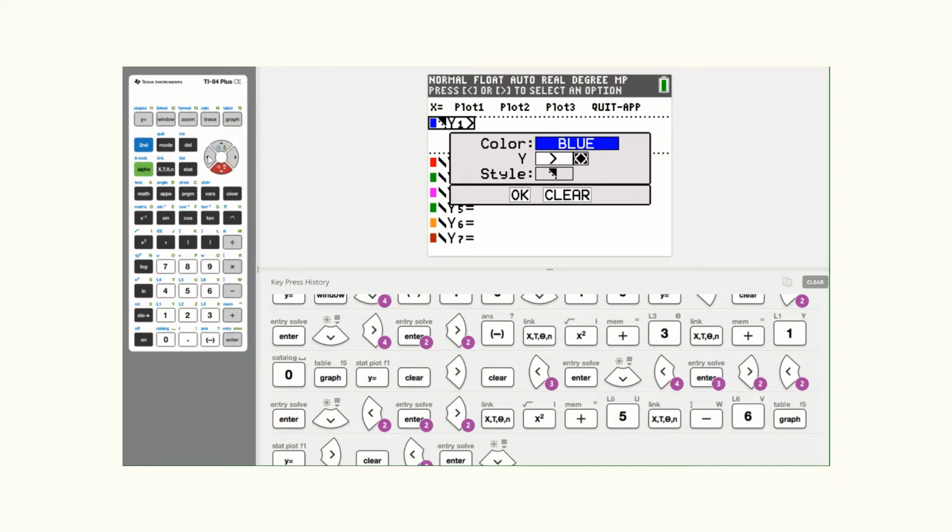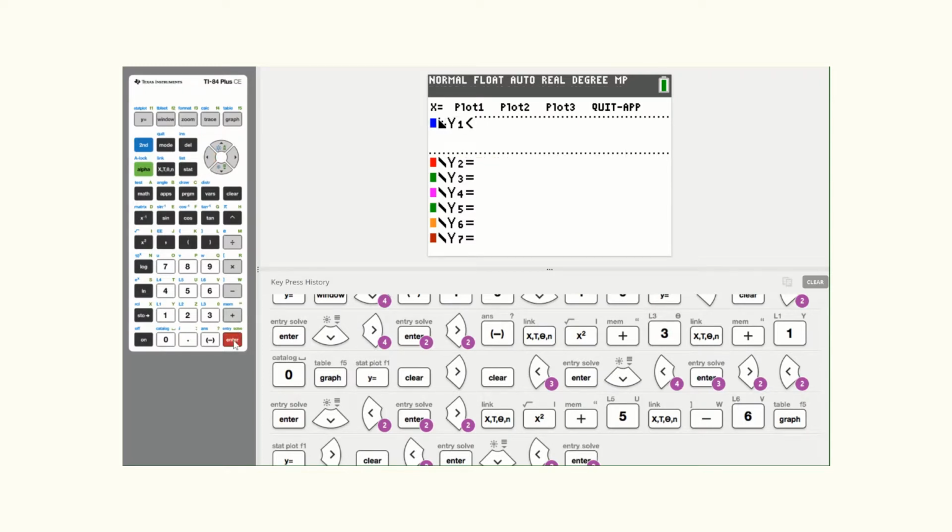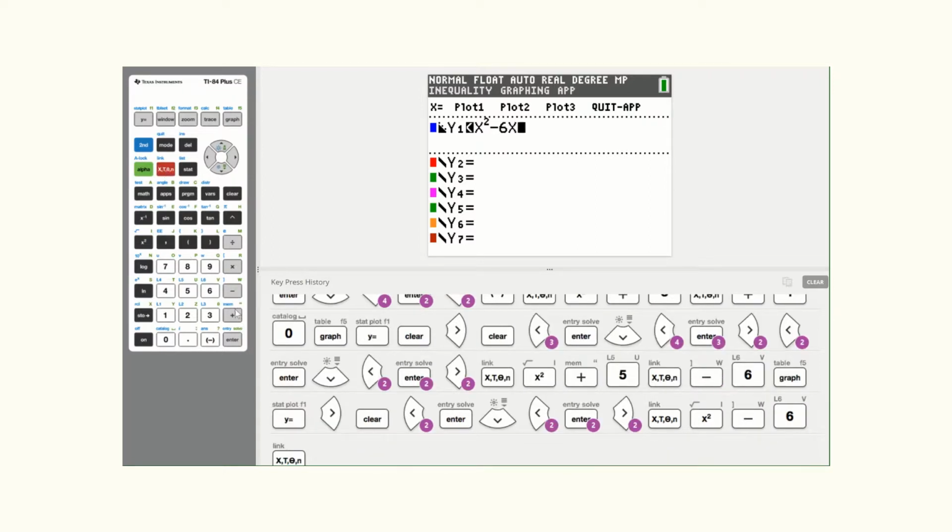I'm going to move this to less than, which means I'm going to have a dashed boundary line. And let's get our inequality statement in here, which was x squared minus 6x plus 2. Let's take a look and see what our graph looks like.